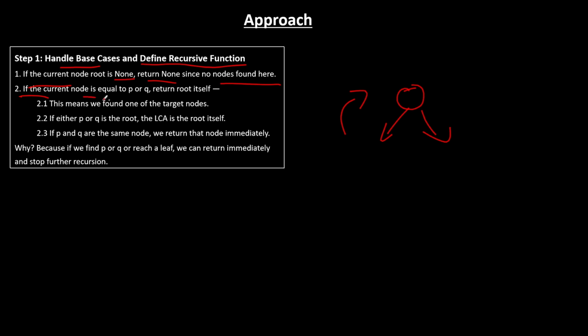If the current node is equal to P or Q, we don't know which, but it is equal to one of them, so we return the root itself. This means that we found one of the target nodes. If P or Q is the root, the LCA is the root itself.